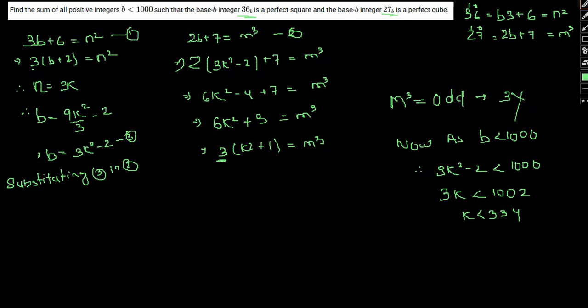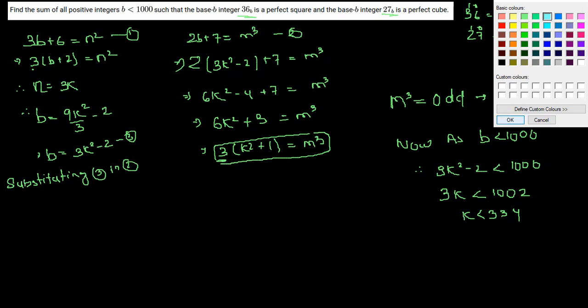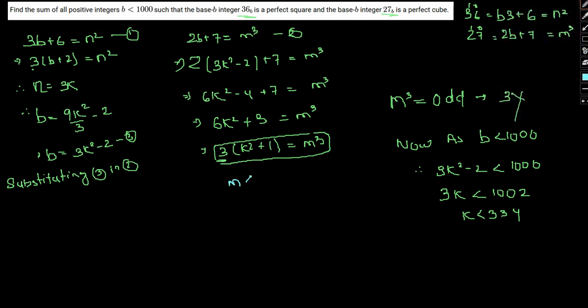Now let's take a look at this equation in general. Here m must be less than 13, because for m equal to 13 the value of b exceeds 1000. So m must be less than 13 and a multiple of 3. Let me give you a proof here. Suppose m is equal to 12.